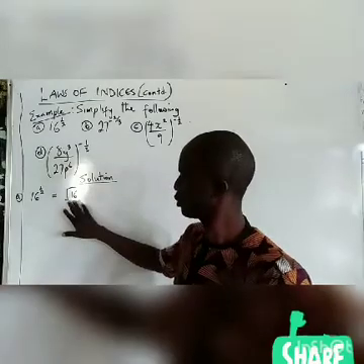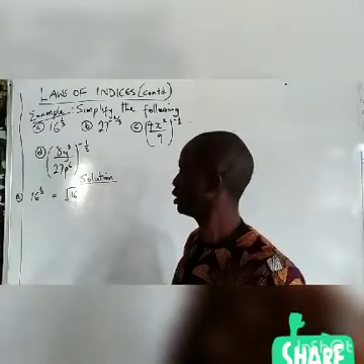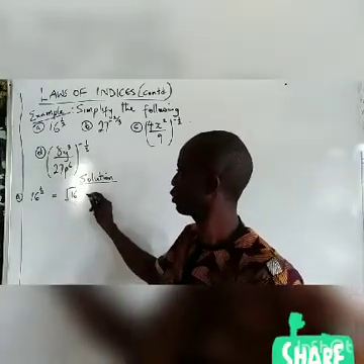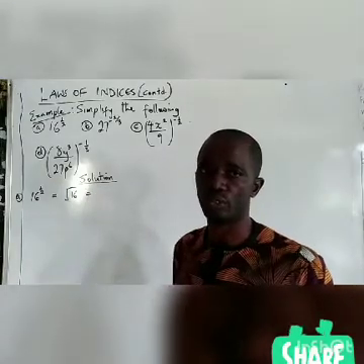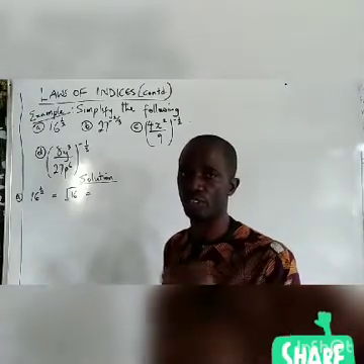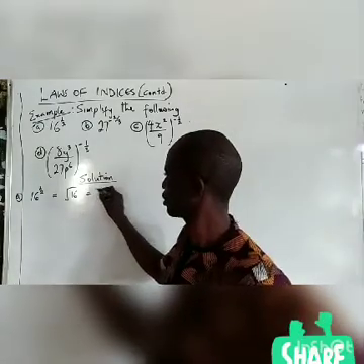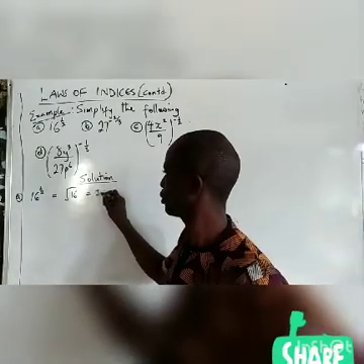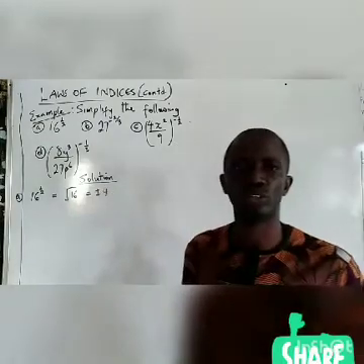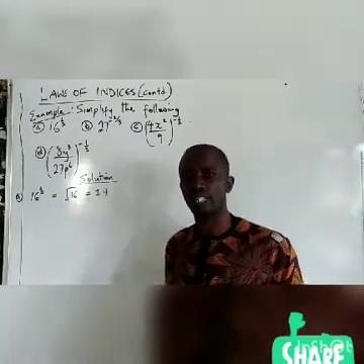So what is the square root of 16? What can we multiply 2 times that will give us 16? It's 4 times 4, 16. So the square root of 16 equals plus or minus 4.